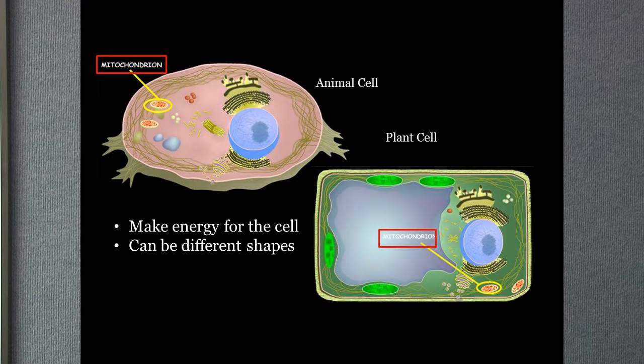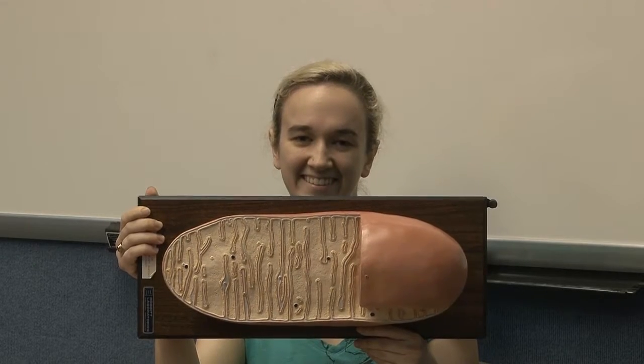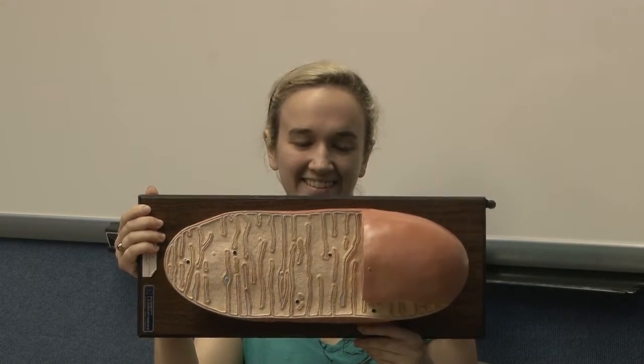And here we can see animal cells and plant cells, and we're going to see the mitochondrion. And we want to look at a mitochondrion. Mitochondrion makes energy for the cell. We have a close-up view of a mitochondrion. There's Sanders holding up the mitochondrion. And if you look at that, you see there's two membranes in it too. There's an outer membrane and then membranes on the inside.